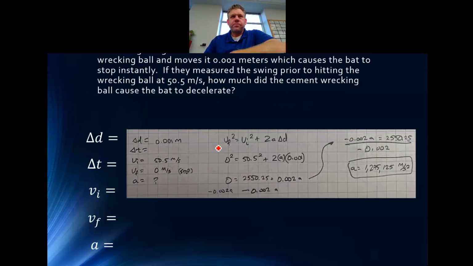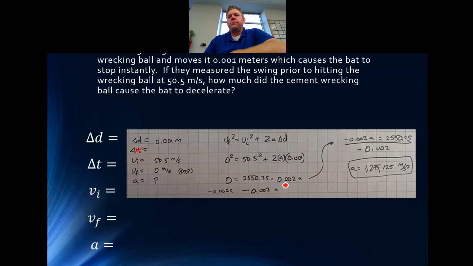All right, last one. Here again, we're looking at a similar style of problem. The difference is here again, we don't have t. Our distance, 0.01. Our initial velocity, 50.5, and then 0 at the stop point, okay? So we go 0 squared, 50.5 squared. So then that becomes 2,500 plus 2 times 0.001, all right?